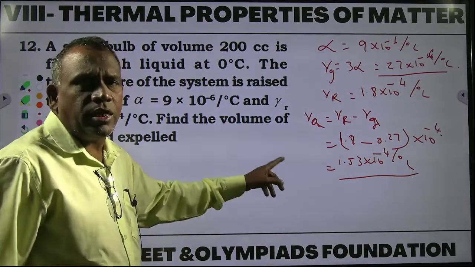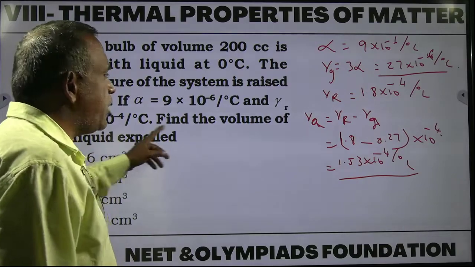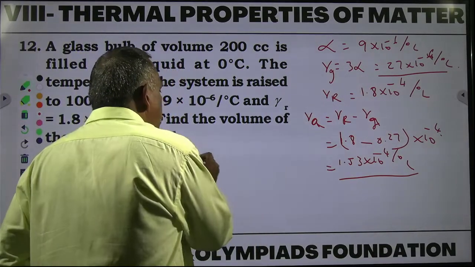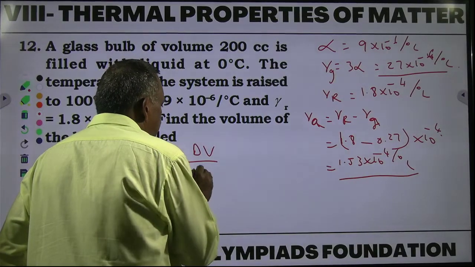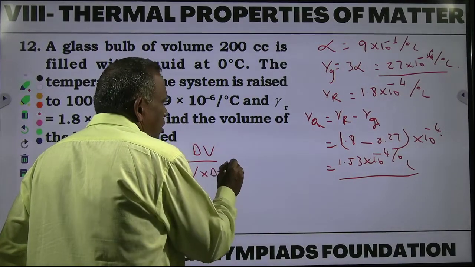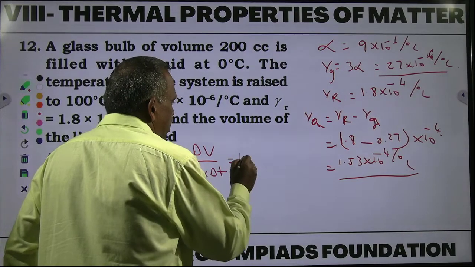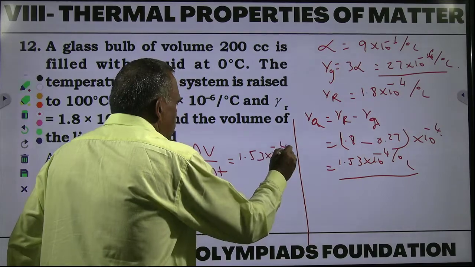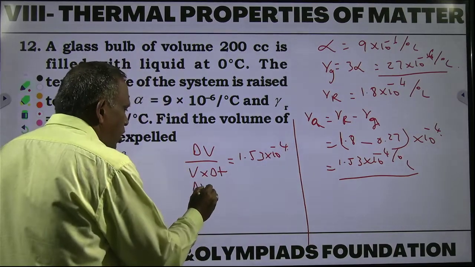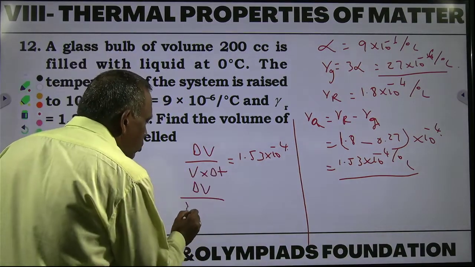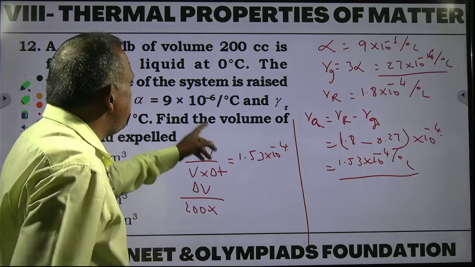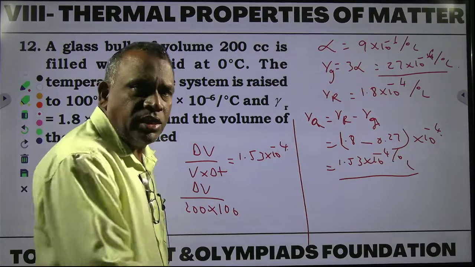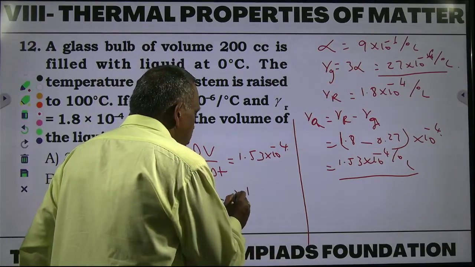Once you have the apparent expansion, you can find the volume of liquid expelled. The volume of liquid expelled is the change in volume per original volume per degree raise in temperature, which is equal to the apparent expansion, 1.53 into 10 power minus 4. So now the change in volume should be found. Original volume is given as 200. The change in temperature is 0 to 100, so 100.